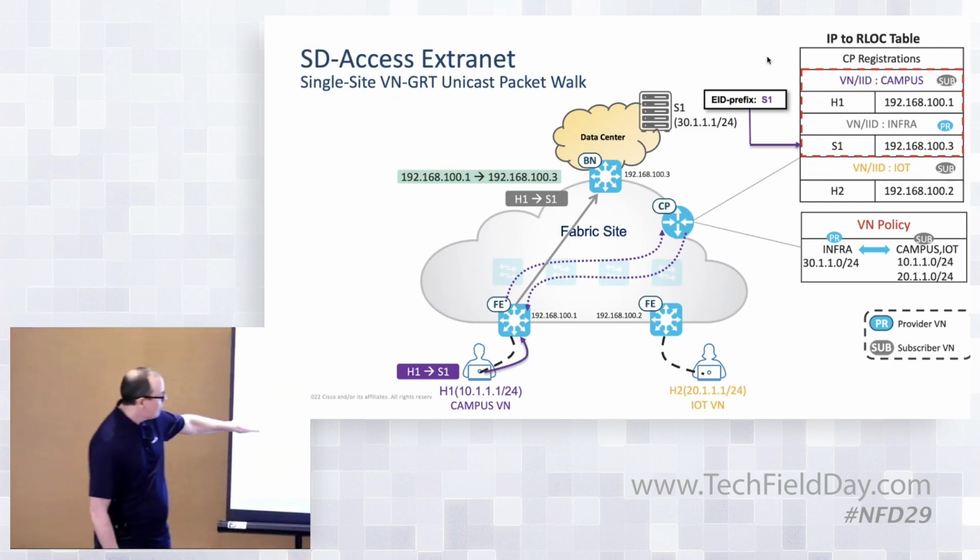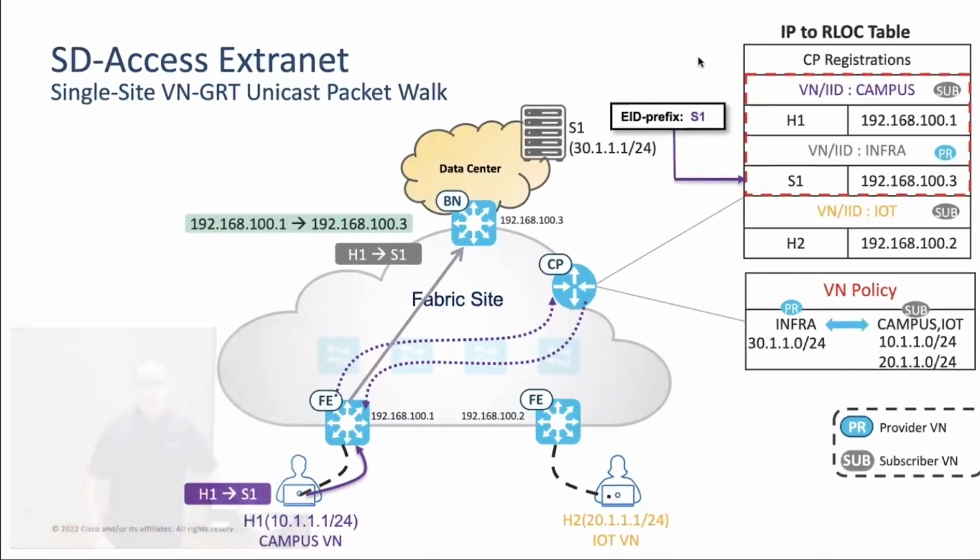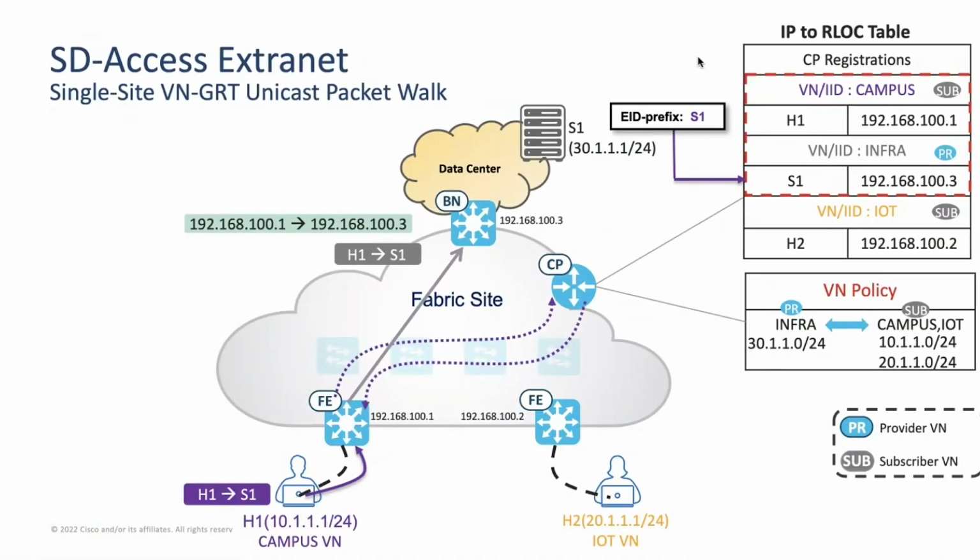And whether this provider VN is in the fabric or out of the fabric, it doesn't really matter. If server 1, let's say, had been in another VN inside the fabric, and I had just designated that VN as the provider, then I would have probably never gone to the border. If that server was attached to another fabric edge node, I could have just gone through my fabric underlay infrastructure to that other fabric edge node and gotten to that server.